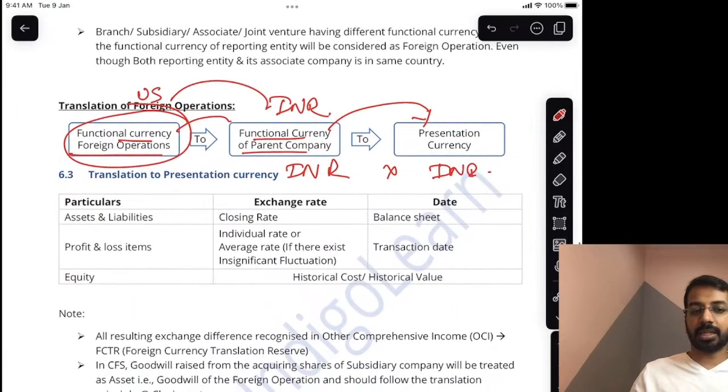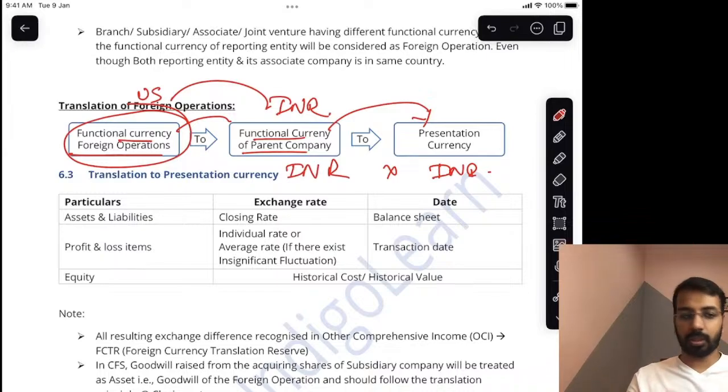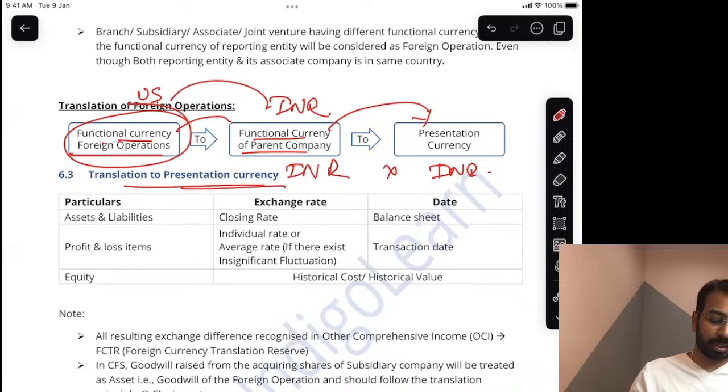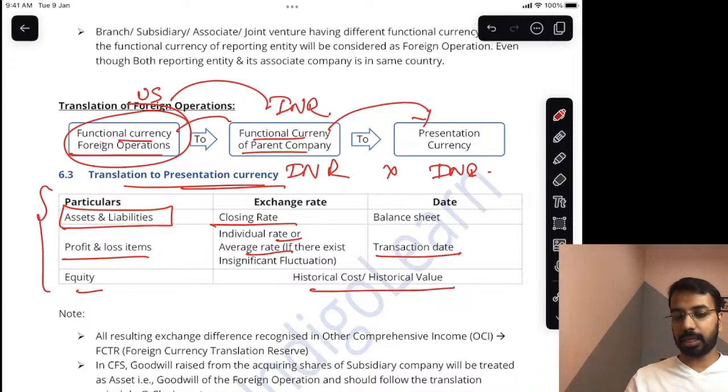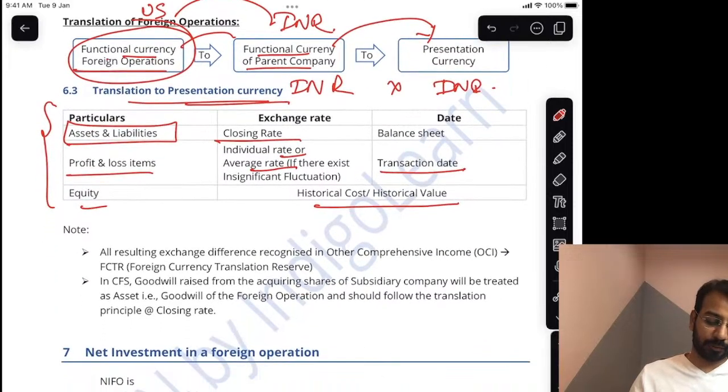When you do this translation, the rate is: monetary items at closing rate and non-monetary items at historical rate. When it comes to translation to presentation currency, all assets and liabilities at closing rate, profit and loss items at individual rate or average rate on the transaction date, and equity at historical rate. In the next class we'll take a couple of examples and see how this translation happens.